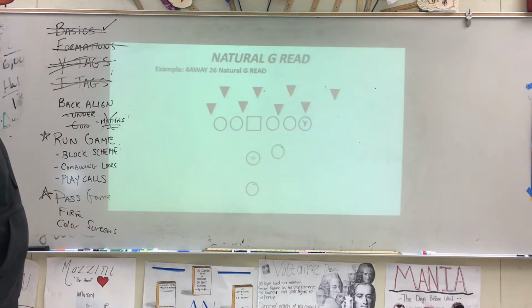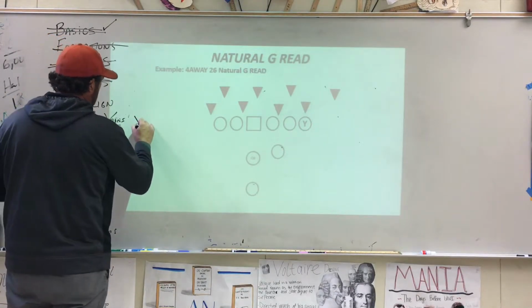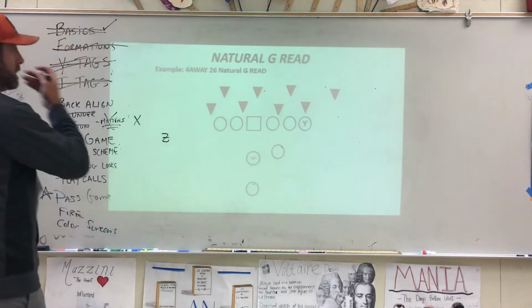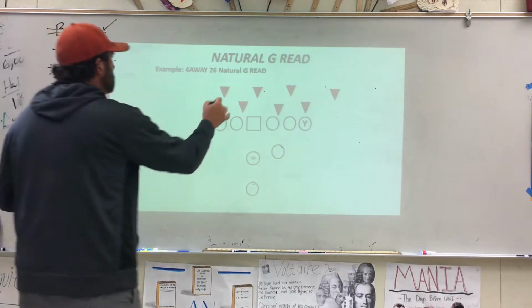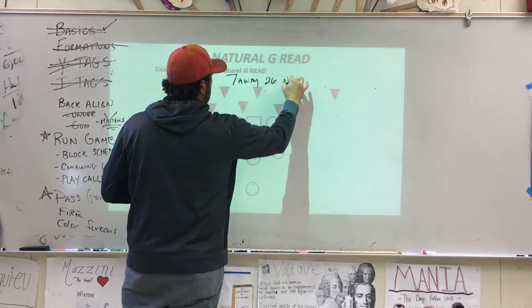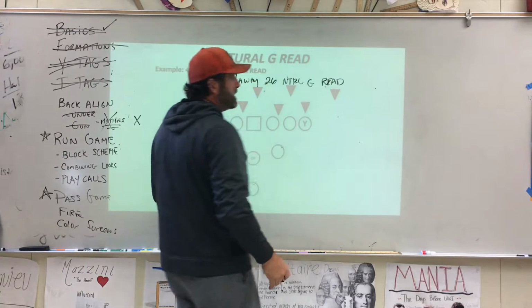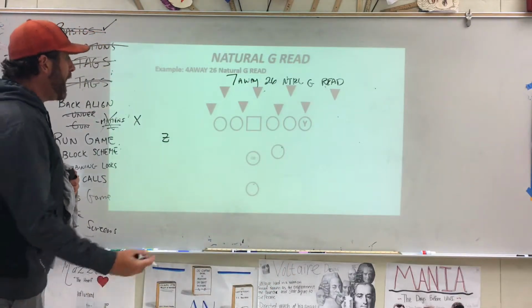Okay? One last thing on this, and then if you guys are feeling up to it, a common thing for us is like 7 away, 26 natural G read, and then we'll tag the receivers. So we add another element.